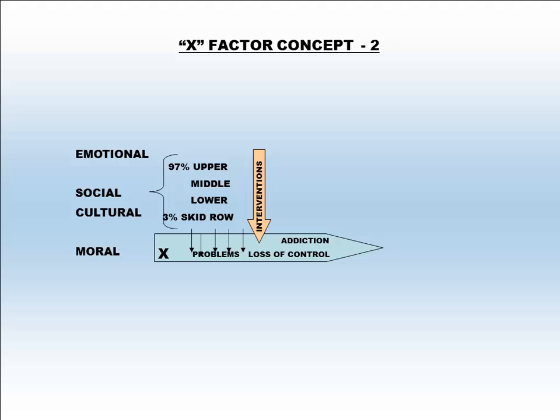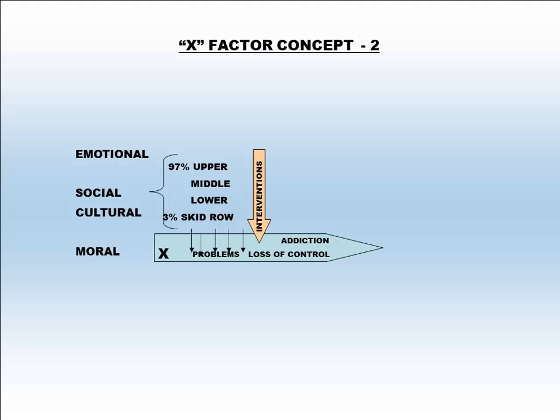You see there on the chart also a list to the left of the diagram that include emotional, social, cultural, and moral. These are factors in a person's life from every level or class of our society. Unfortunately, many people among us think that the alcoholic population is comprised only or mainly of Skid Row homeless persons.